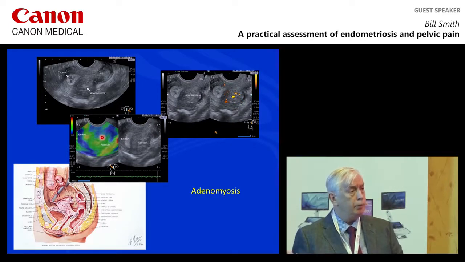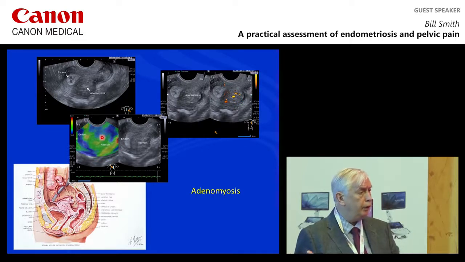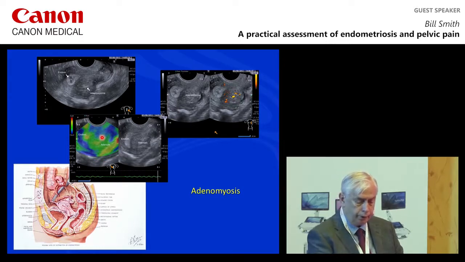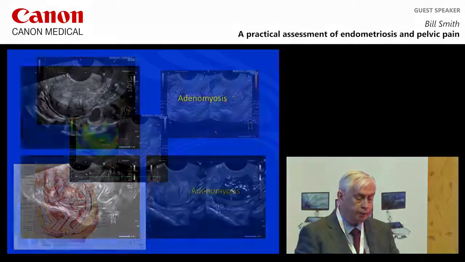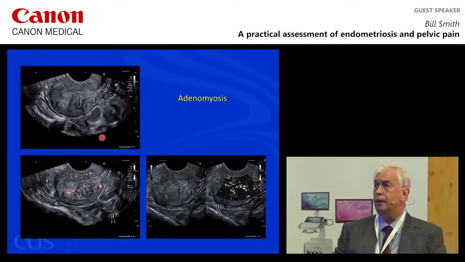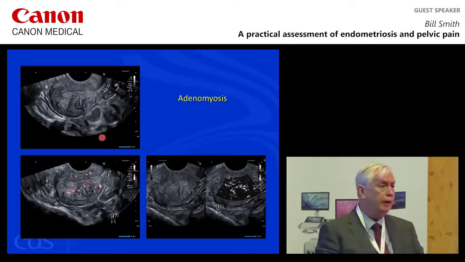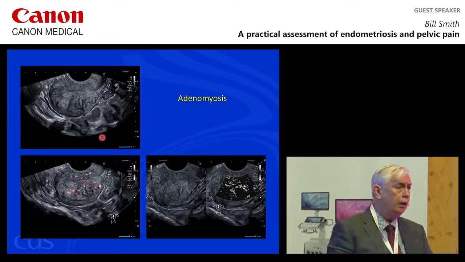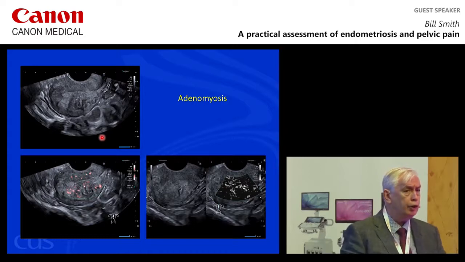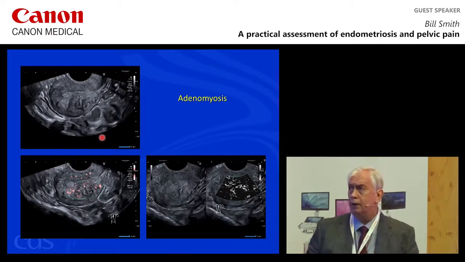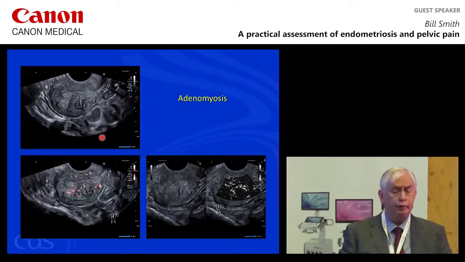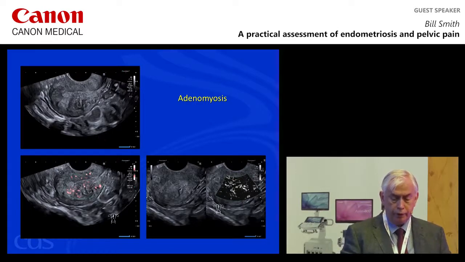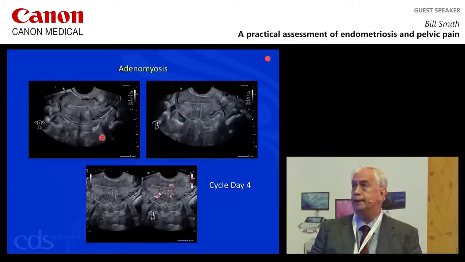But again, as you can imagine, if you have someone with grade 4 endometriosis, extensive adenomyosis, the last thing they want is someone prodding the uterus. But as I said, certainly if there's extensive adenomyosis, our high-quality grayscale, our high-quality color Doppler gives us characteristic features that we associate with the disease.